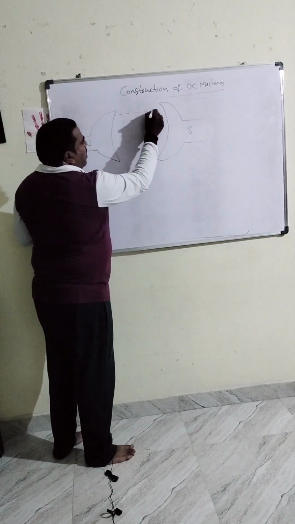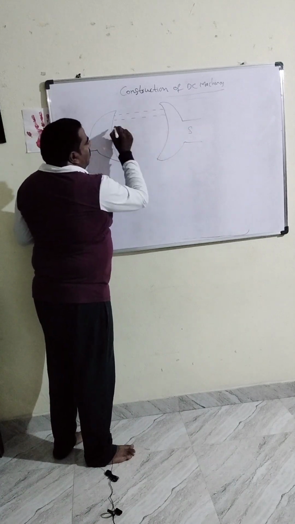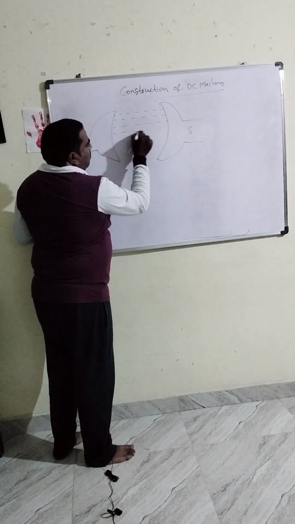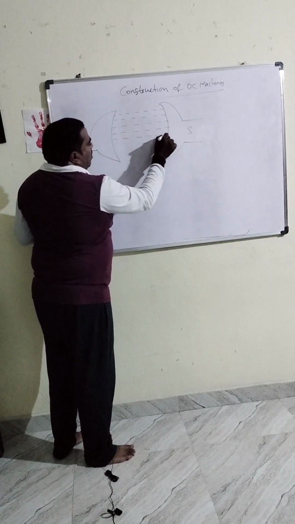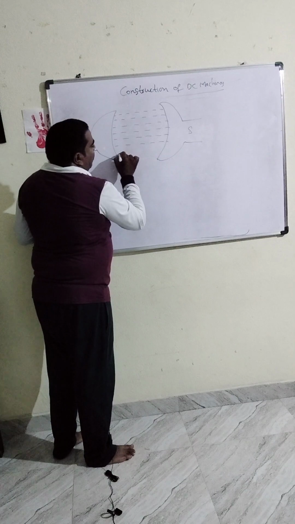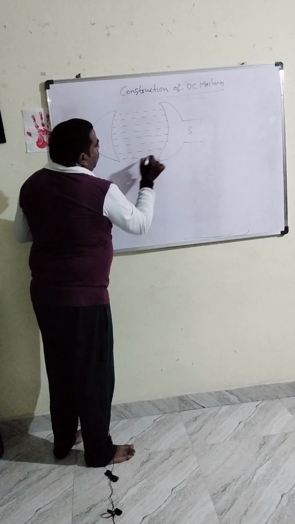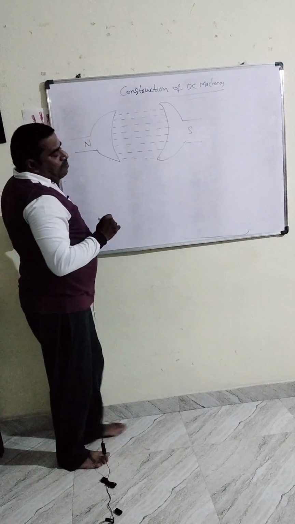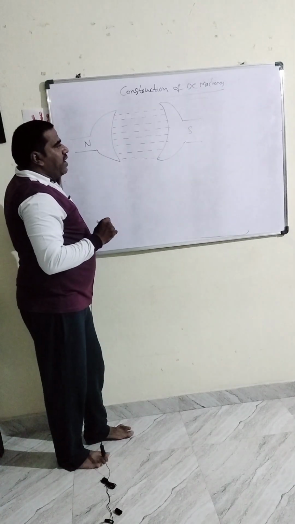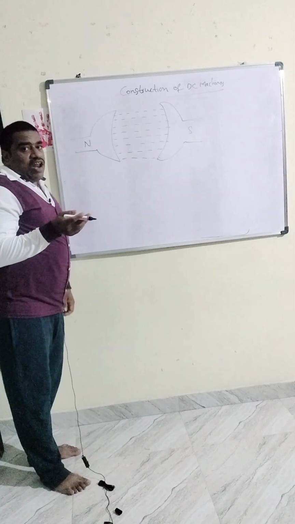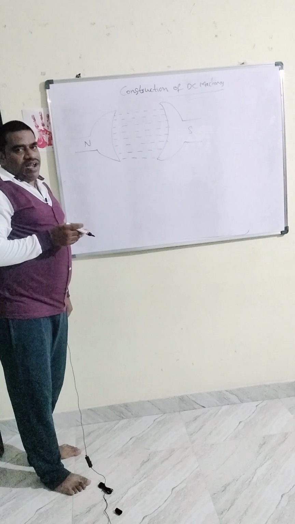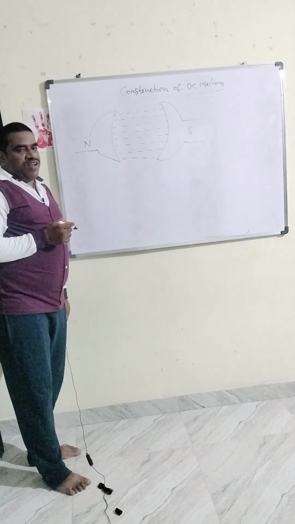In this, a uniform magnetic field will be there. In a practical situation you would consider an electromagnet, but I am taking a permanent magnet instead. Even electromagnets produce a stationary magnetic field.